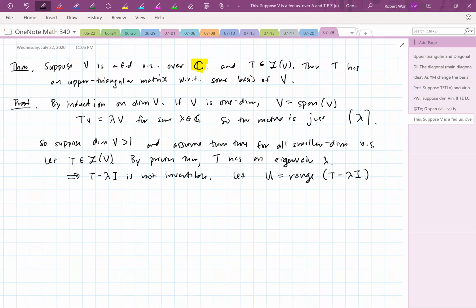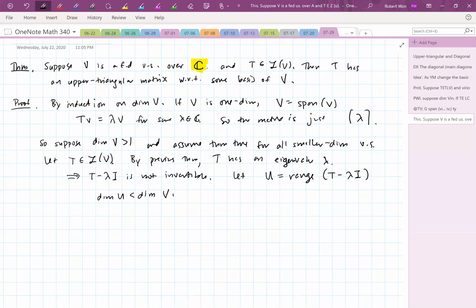Since it's from a vector space to itself, it also means that T minus lambda I is not surjective. In other words, the dimension of U is strictly smaller. So here's where we're getting a smaller dimensional thing, and here's why we can now hope to apply the inductive hypothesis.